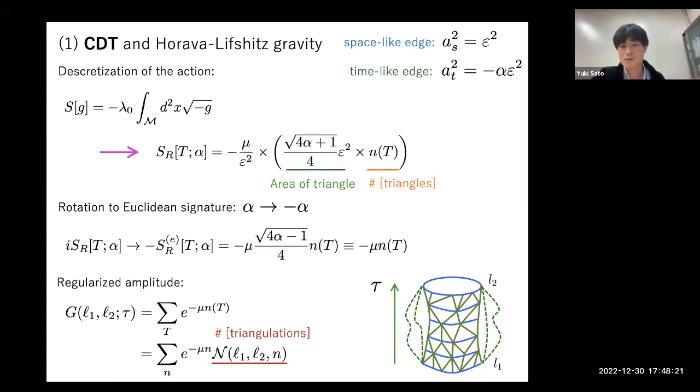The action is very trivial, but the non-perturbative effects are very non-trivial. In the context of Horava-Lifshitz, the kinetic term is not a surface term anymore when lambda is not 1.